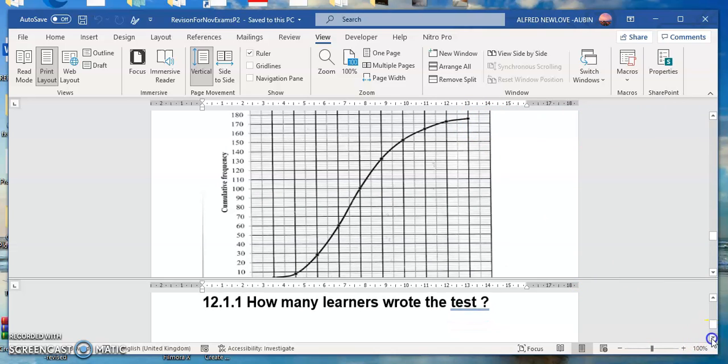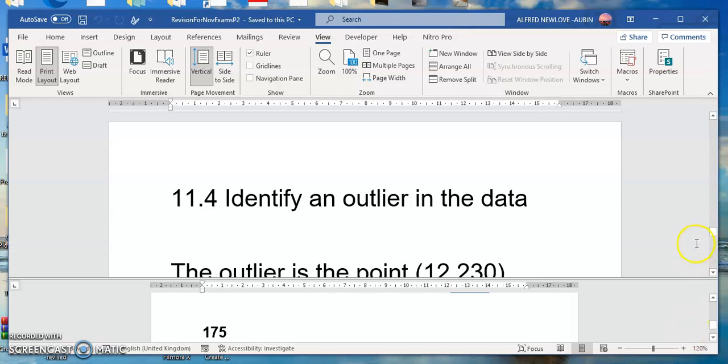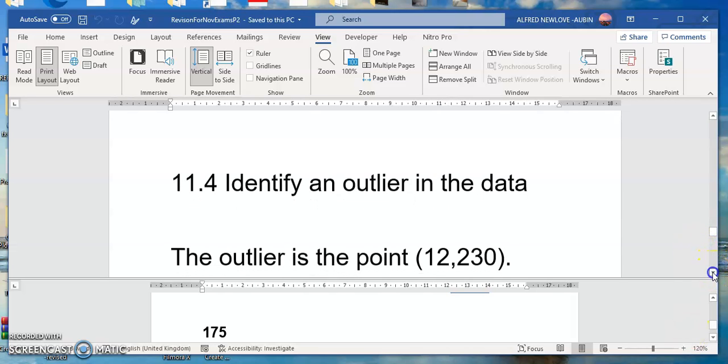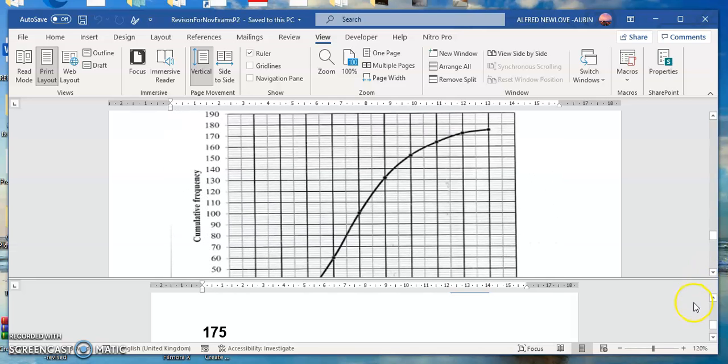It's 175. Now, if you check, this is 170, and 175 is going to be the last one. Let me make it bigger for you to see what I'm talking about. Ogive, here you are.